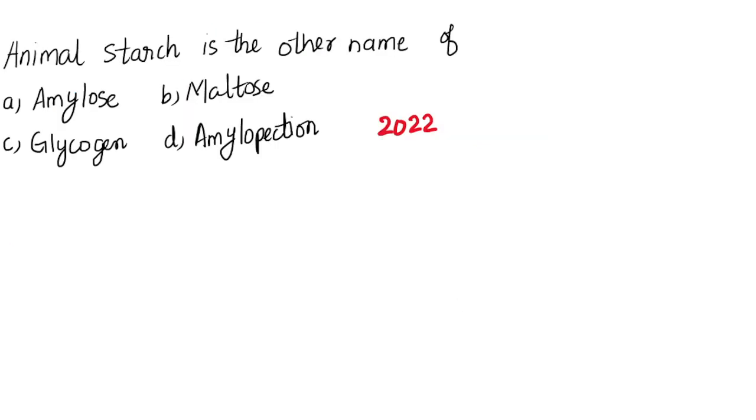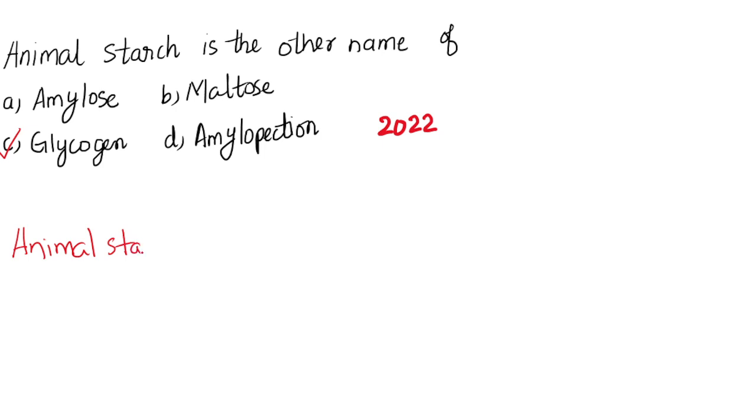Now the next question we have is from the chemistry chapter biomolecules. Animal starch is the other name of which of the options? The answer is glycogen. So when you write in the previous year notebook, make sure you write the question and the answer. You don't have to write the options.